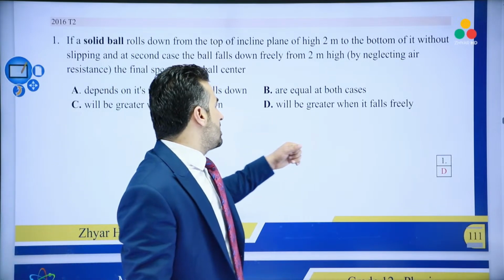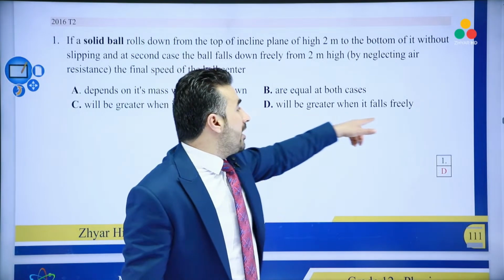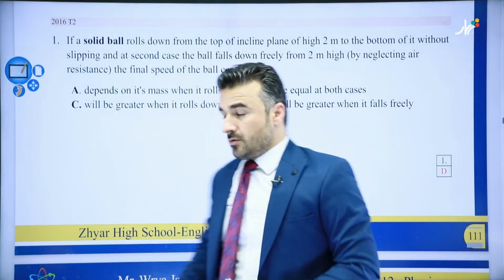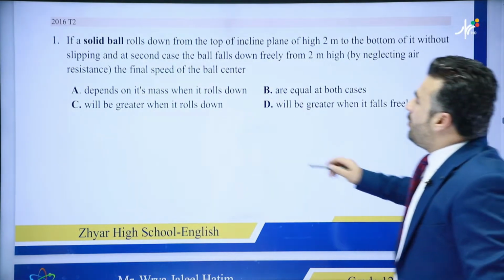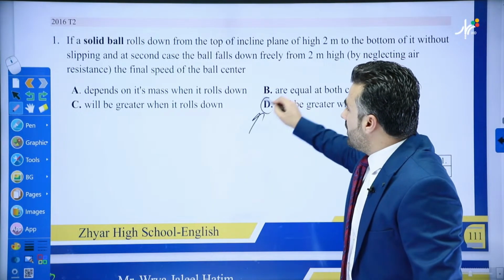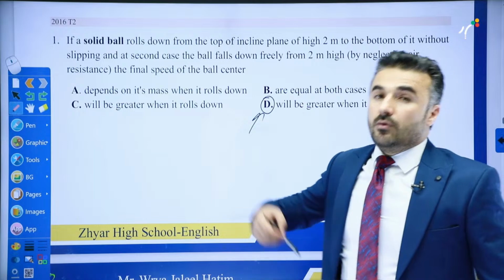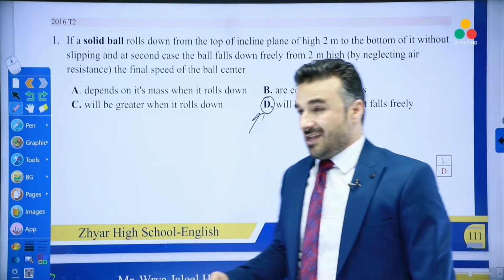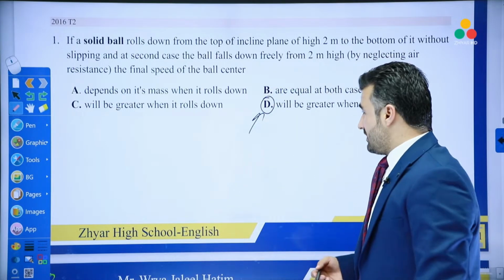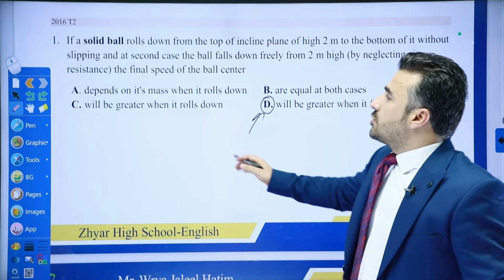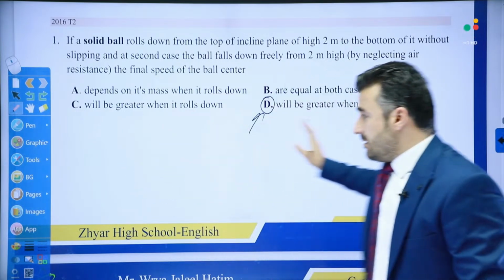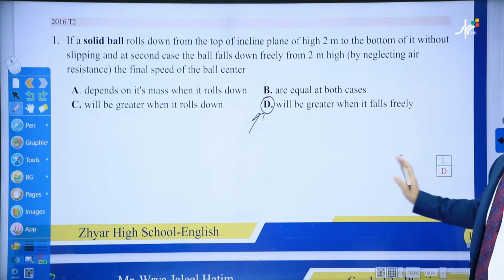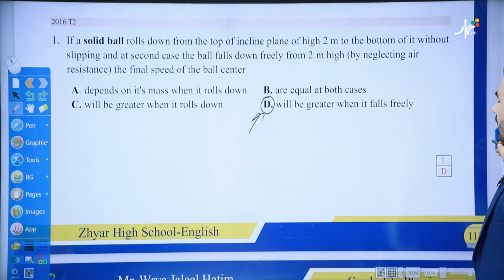And then option D says it will be greater when it falls freely, and this is the correct option. Why? Because we said earlier that part of the total energy will convert to rolling. So as a comparison, the translational speed with rolling will be less than the translational speed without rolling.